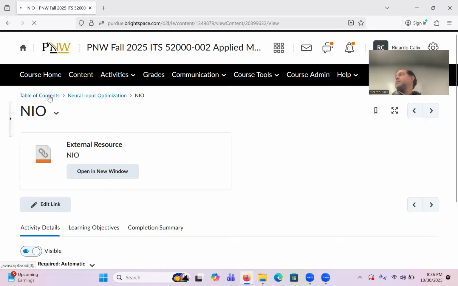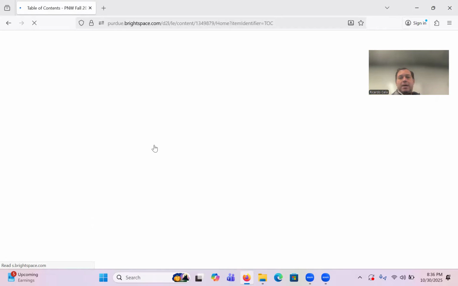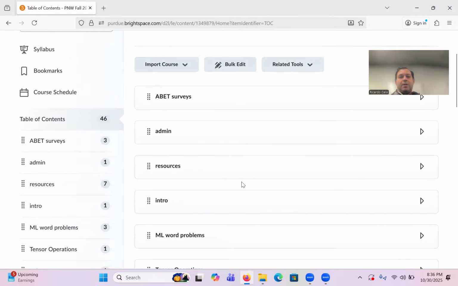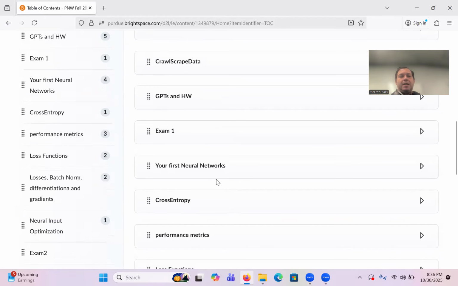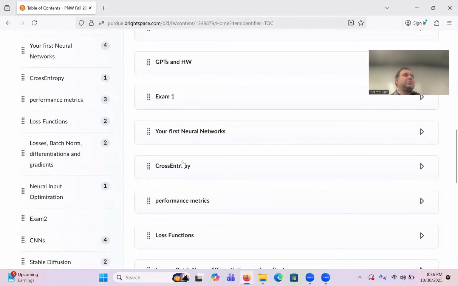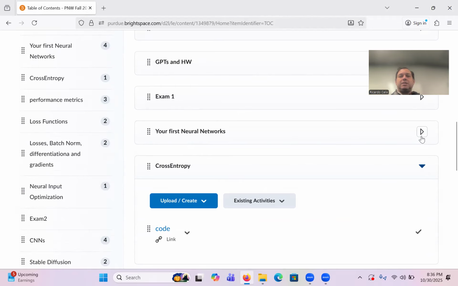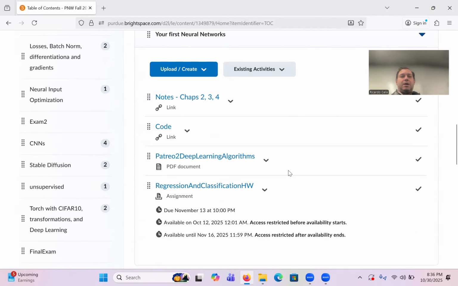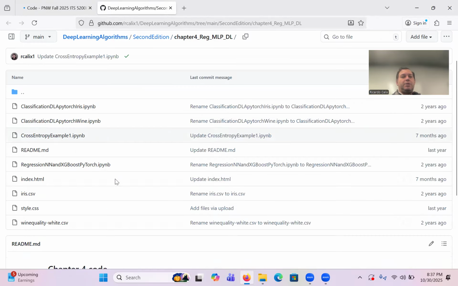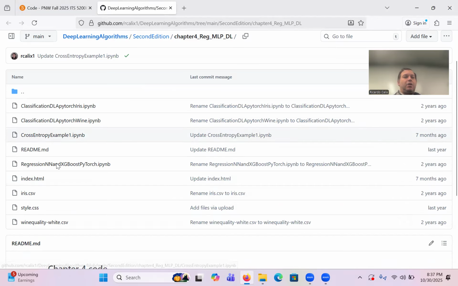All right, guys. So now let's go back to the table of contents and we're going to wrap up this module here. If you look at this cross entropy module, it links to the same thing that I have in code here, which is the last of all of these files: cross entropy. But I just wanted to create its own module because I didn't want you to miss it.